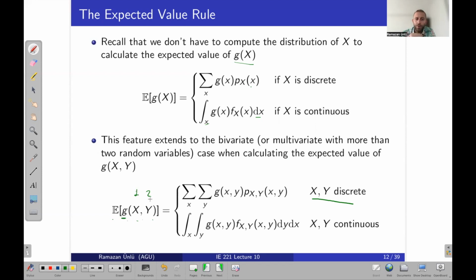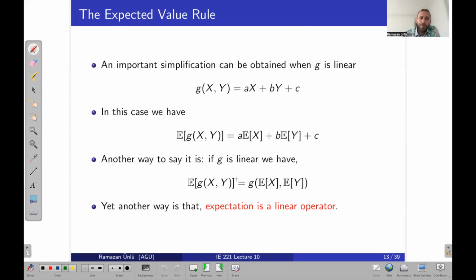You will just put the x values and y values, 1 and 2, and calculate the value of g of x and y. And from the joint probability mass function, you will look at the probability of x is 1 and y is 2, and you will put those values here and come up with the expected value. So the logic is the same, and just as I said, try to understand the logic.